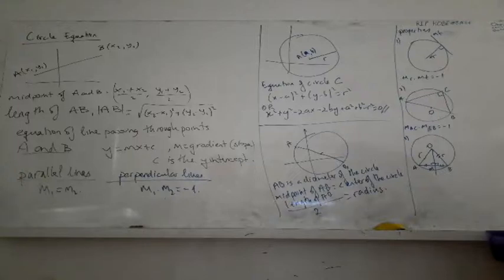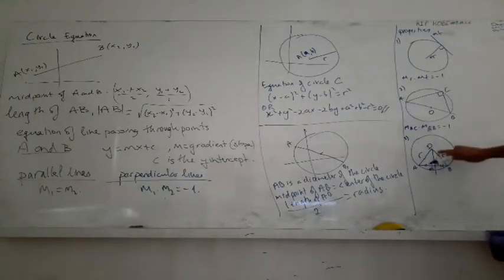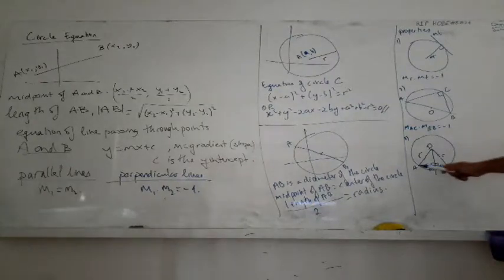Here, OA is a radius, also OB is a radius, AB is a chord here, and OM divides AB into two equal parts, and we call OM the perpendicular bisector of AB.